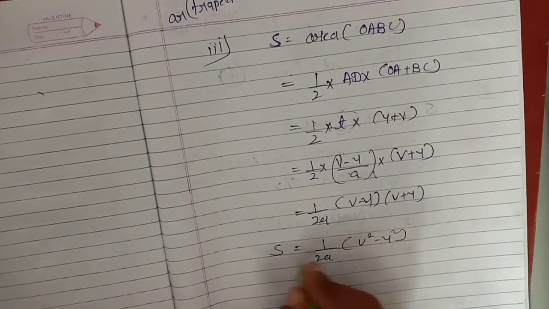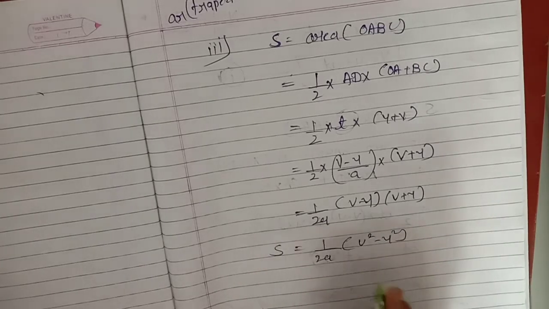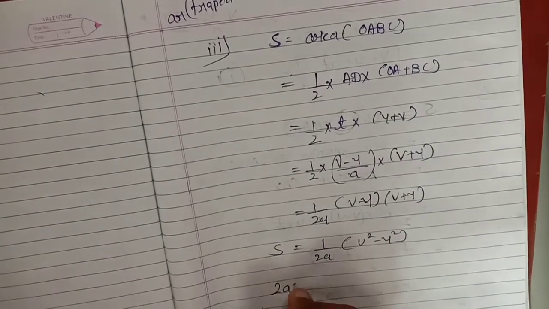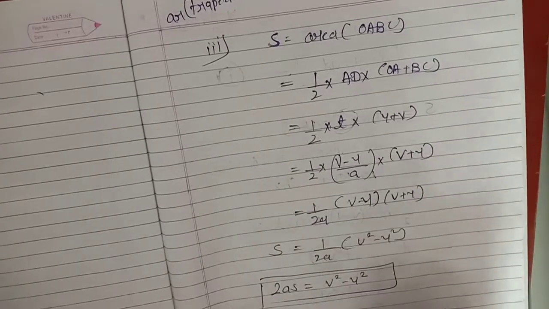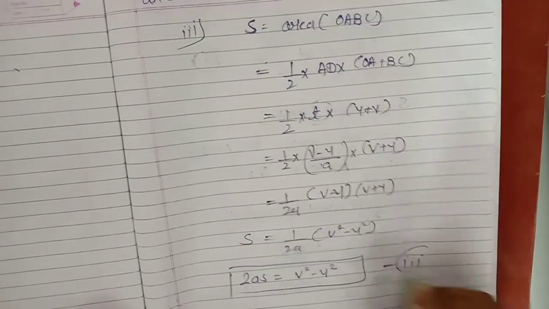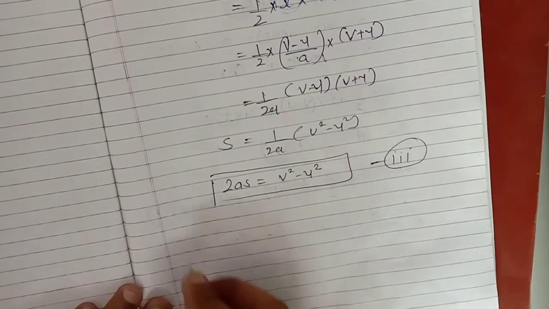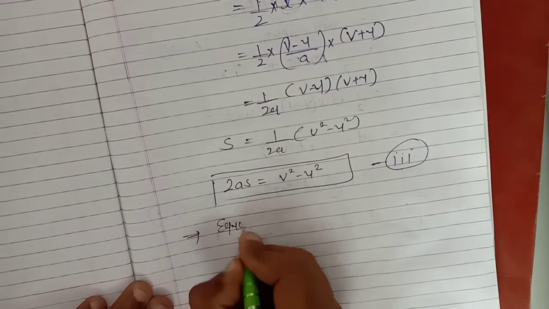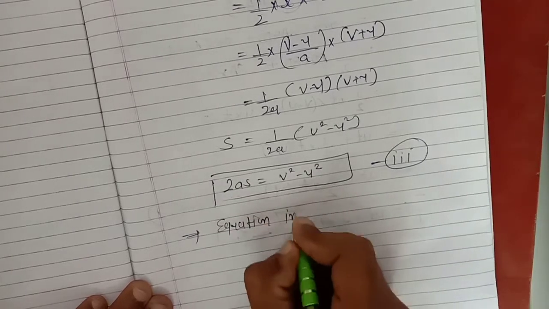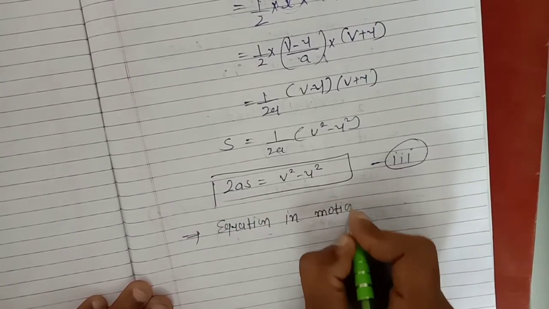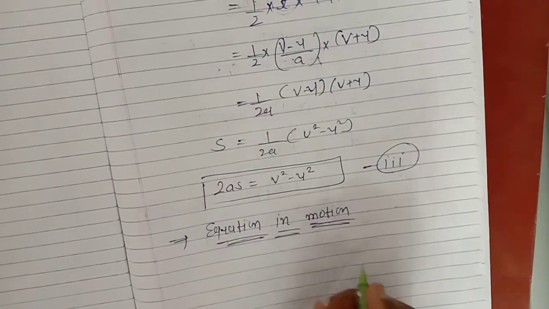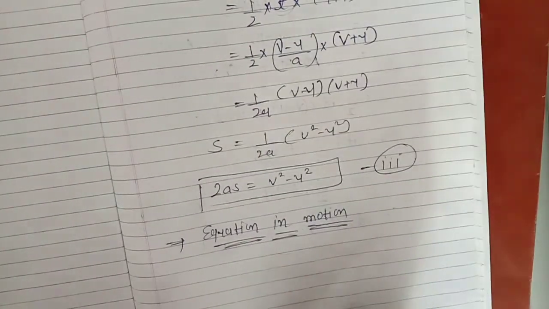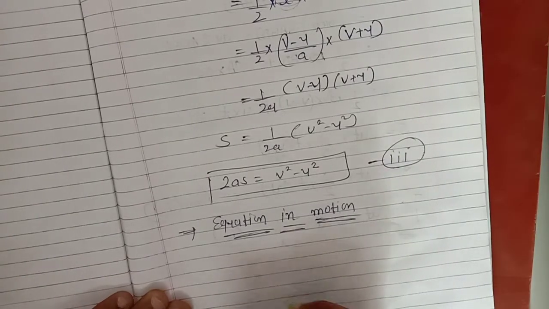S is equal to that; the 2A in the divisor transfers to the left-hand side and multiplies, so twice AS is equal to V square minus U square. So this is the third equation of motion. You need to remember these three formulas; they are very important for examples and for sums also.